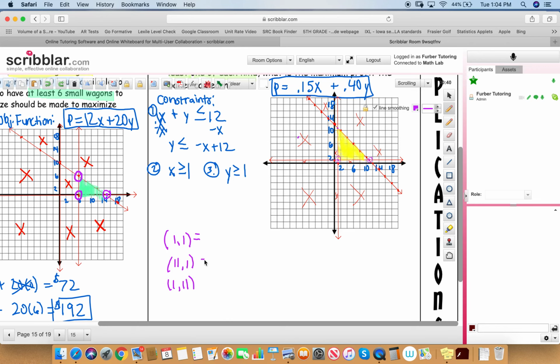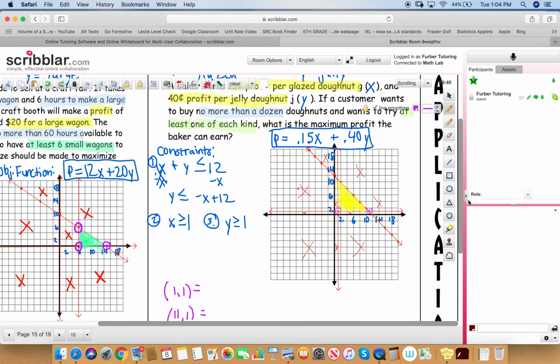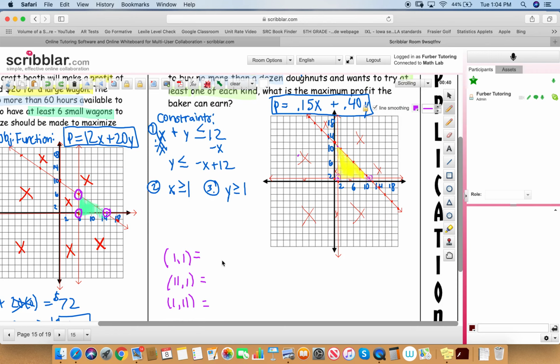So now I'll go back to my profit equation, and I can use my calculators. What if the customer only did one of each? They didn't say they had to do a dozen. They just said they don't want any more than a dozen. So what if they just wanted to try one of each?